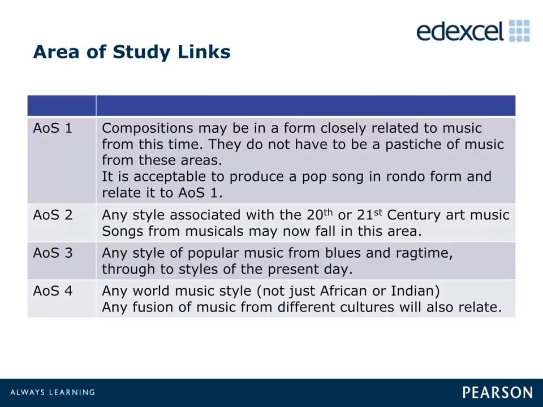Any structure in common usage in the Baroque, Classical, or Romantic eras is fine, no matter what the actual style of the piece. It is acceptable to produce a pop song in rondo form and relate it to AOS 1. A pastiche is acceptable as a submission linked to this area of study, but is not essential.